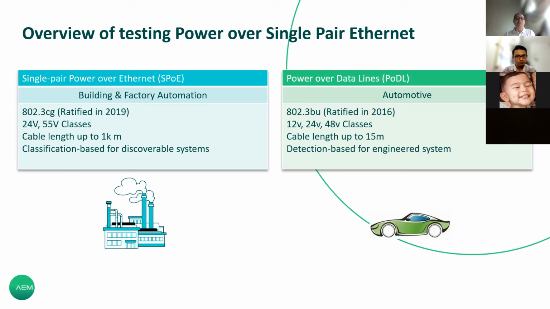Building and factory automation, on your left side, is a different standard compared with automotive. We're talking about up to 1 kilometer of cable length. As the standards are finalized, you will see in detail the specification for single pair Ethernet for PoE.